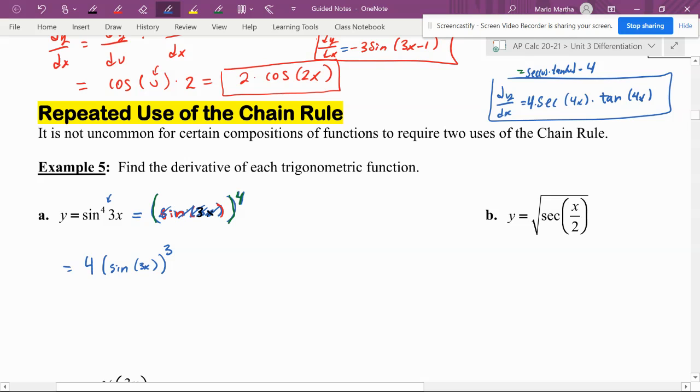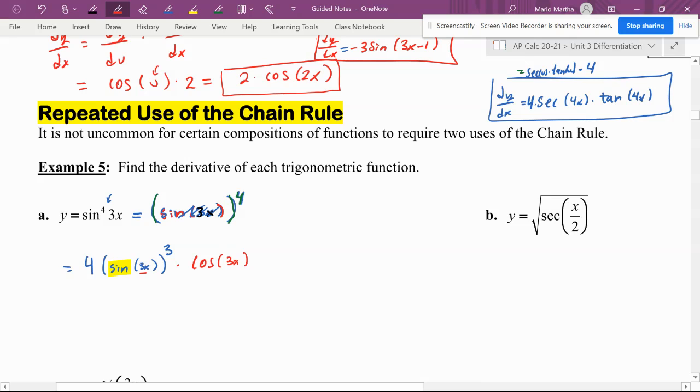Now I want to do the derivative of the interior layer. So I take one more layer off, and that's the derivative of sine. What's the derivative of sine? Cosine, and again, leave the interior intact, 3x.